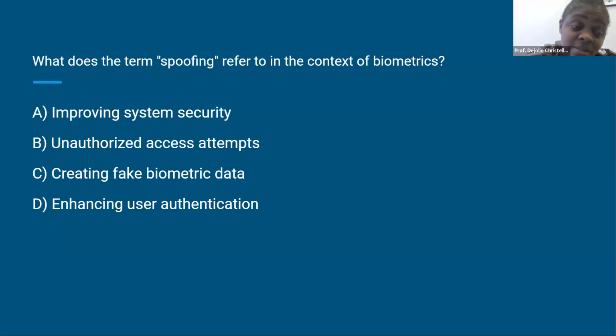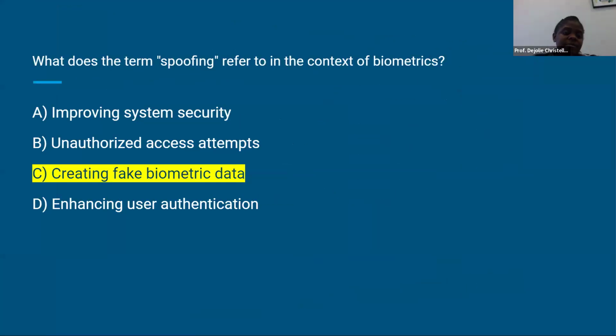Why? Okay, it's just a term, right? Spoofing. When they say spoofing, it actually means creating fake biometric data. Spoofing doesn't mean to improve something, to improve the system security. Spoofing, I think it's just a term in the world of biometrics. When you hear that word, you should know that it's creating fake biometric data. Enhancing user authentication is something positive.